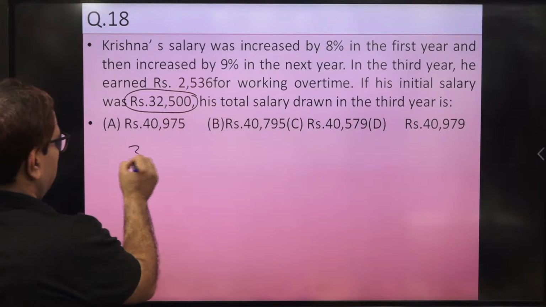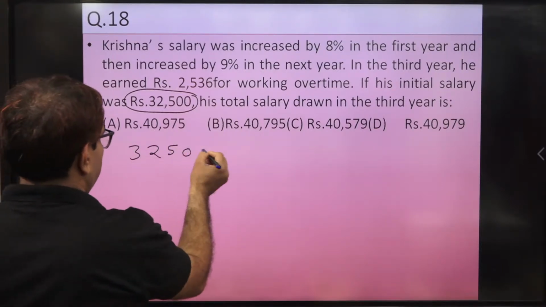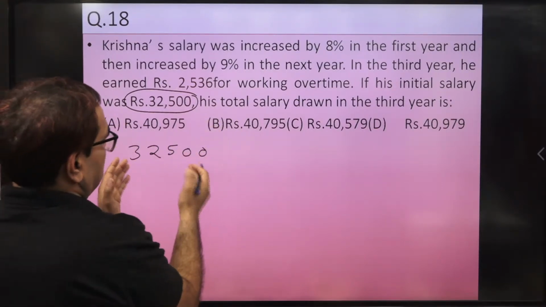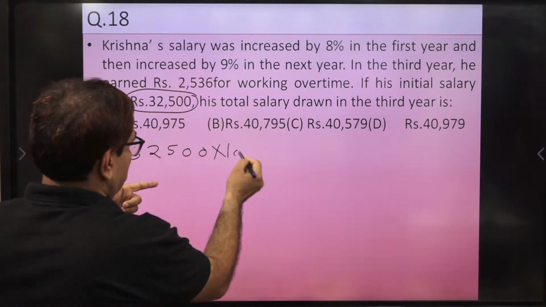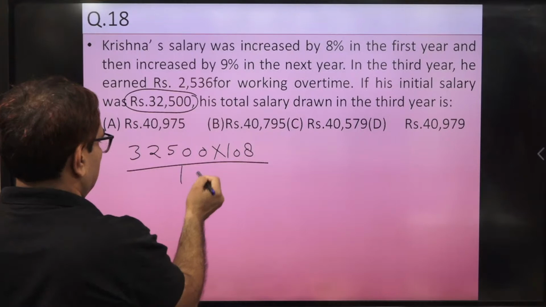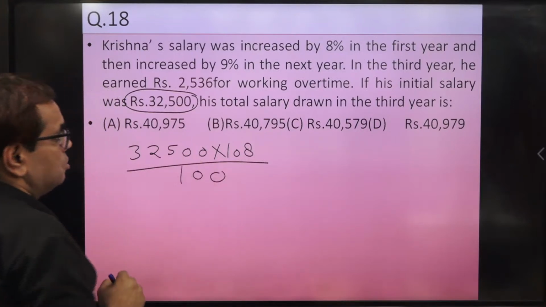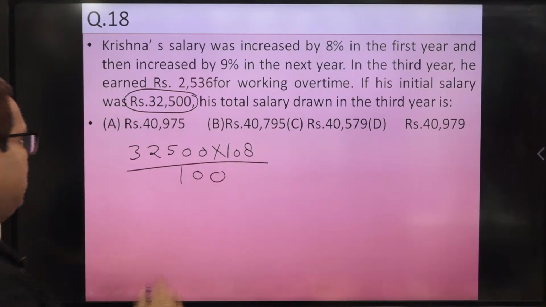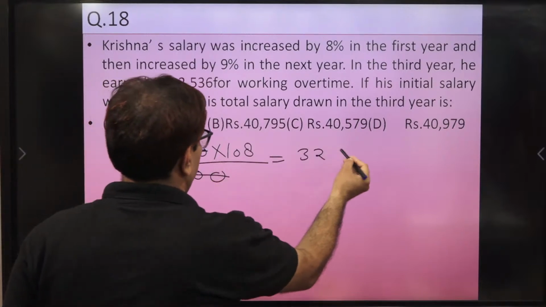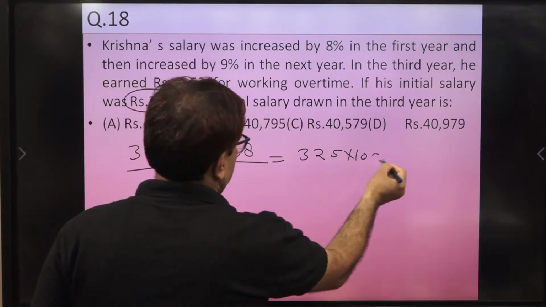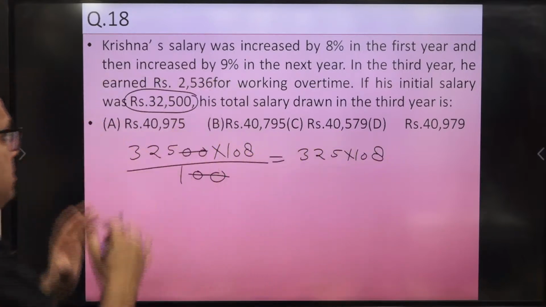So that will become 32500, and if we add 8% into it, so plus 8 into this upon 100, so it becomes 32500 multiplied by 108 upon 100. Okay, so this is the salary, and we can cancel these two. So finally we get 325 into 108. So this is the salary after the 8% increment.